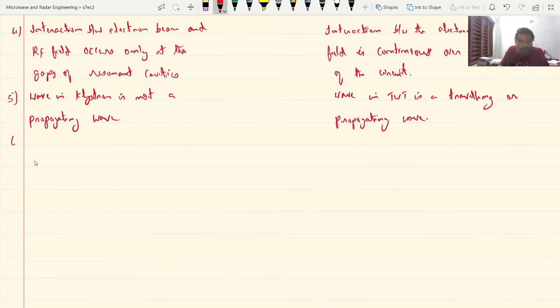The sixth point: noise figure is high in the klystron due to the use of resonant cavity.